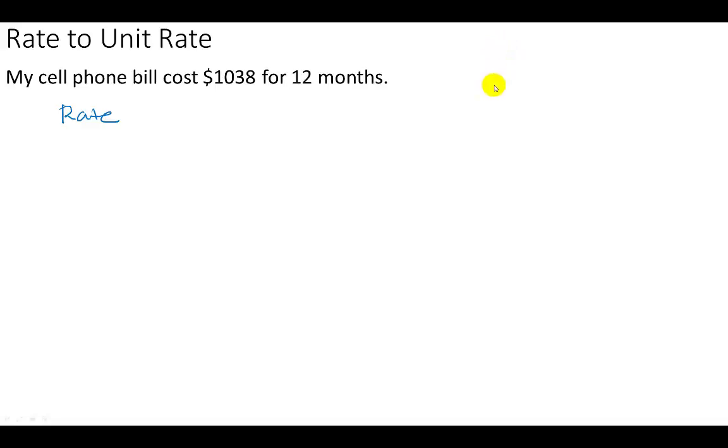So, having a unit rate, our unit rate is a special kind of rate, and it has to have a 1 in the denominator. So we could either figure out some amount of money for every 1 month, or we could figure out some amount of months for $1.